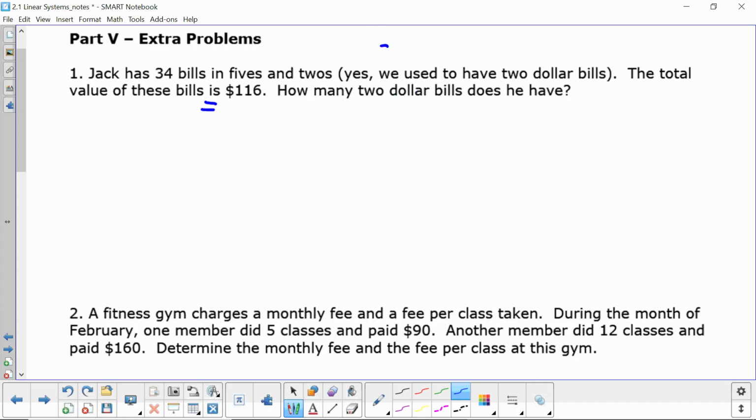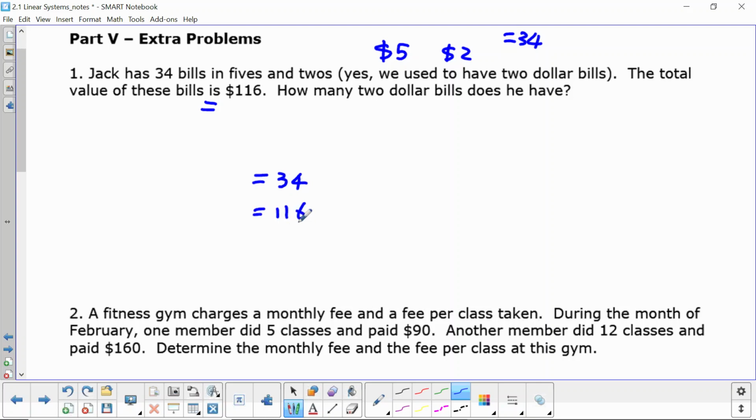So they have $5 bills and $2 bills. Altogether he has 34 bills. So the number of bills is 34, and the value of these bills is 116.